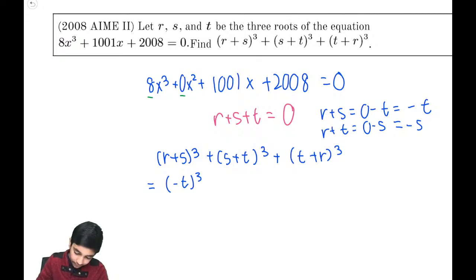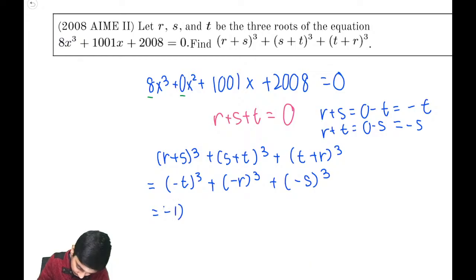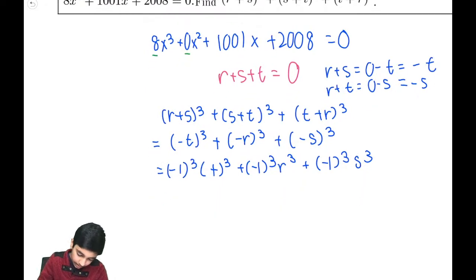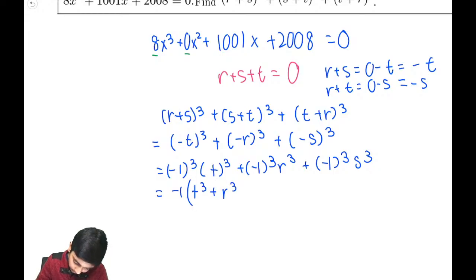And that means that we have minus t cubed plus minus r cubed plus minus s cubed, which is equal to negative 1 cubed times t cubed plus negative 1 cubed times r cubed plus negative 1 cubed times s cubed. Negative 1 cubed is negative 1, because negative 1 squared is 1, and 1 times negative 1 is negative 1. So negative 1 times (t cubed plus r cubed plus s cubed).